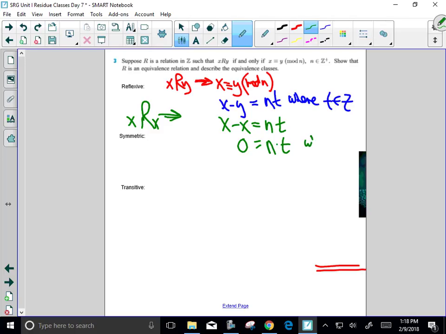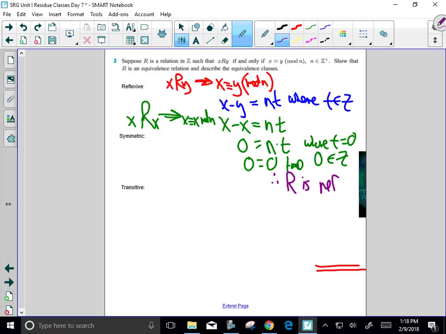So we would say where T is equal to 0, and 0 is an element of the integers, isn't it? So this is true. Therefore, now we have XRX is equal to X congruent to X mod N. We've just shown that that's true. And then you have to write, therefore, R is reflexive. Good. Let's do the next one.